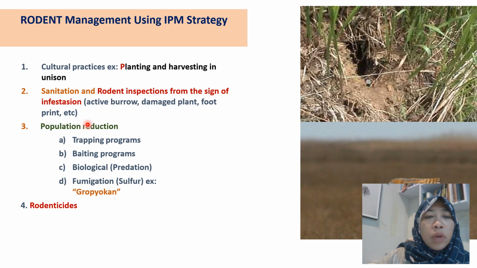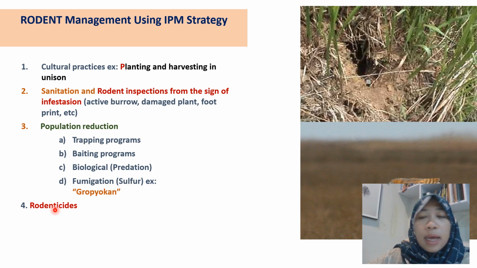And we can use population reduction by using traps and then a baiting program, umpan, trapping itu jebakan ya, biological agents, and then we can use fumigation. Fumigation can damage the respiratory system of the rodent. Using sulfur, we will study later about gropiokan, and the fourth one is algaecide.